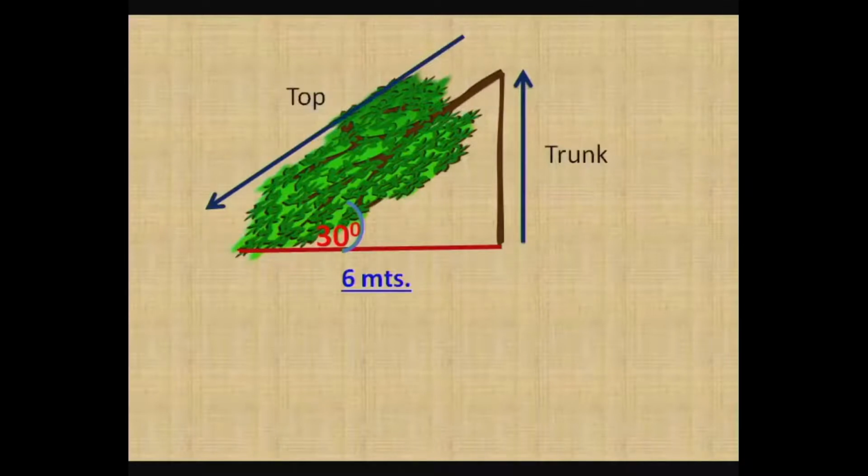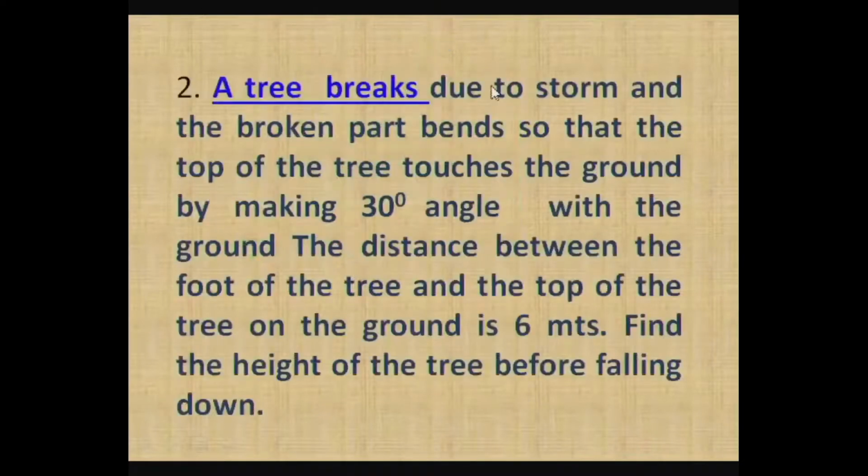To find the height of the tree, we have to find the trunk length or height and the top length also. The length of the whole tree before falling is trunk plus top. So, what is the given data? Trunk is not given, top length is also not given, only angle of elevation 30 degrees is given and 6 meters is given. You see the problem again. See, this is 30 degrees, this is 6 meters, only these two numbers are given in the problem.